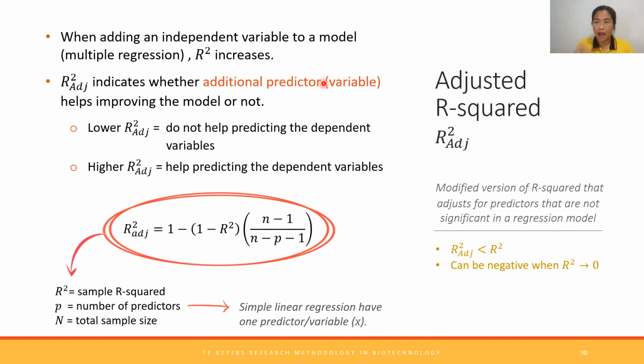Your R-square will be improved with more terms added into the equation. The point is that adjusted R-square can be used to tell whether each of the terms that you added would actually help improve the fitting of the curve or not.